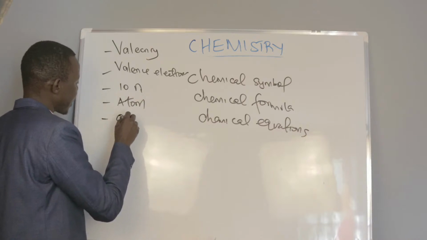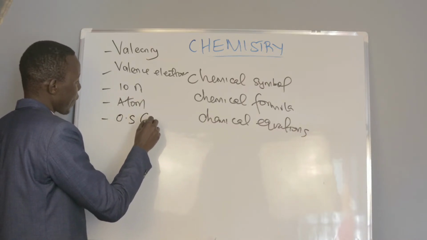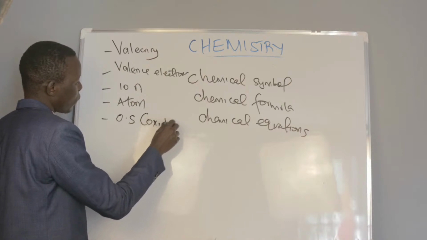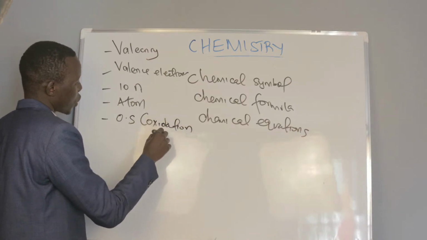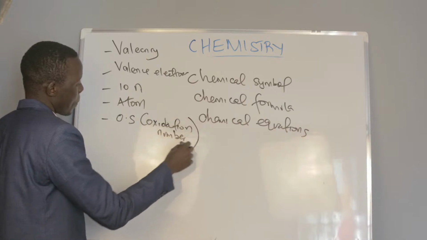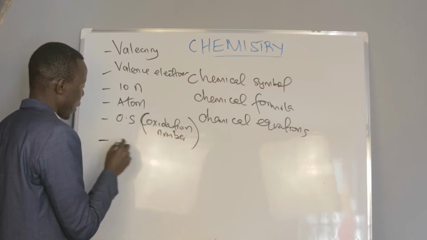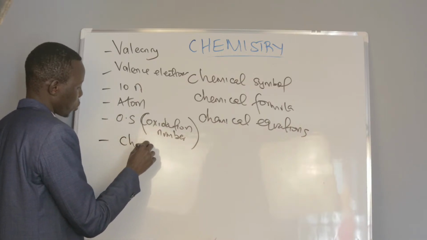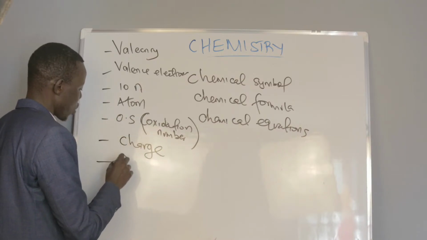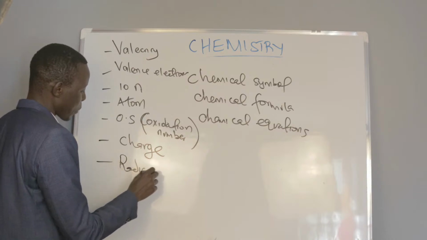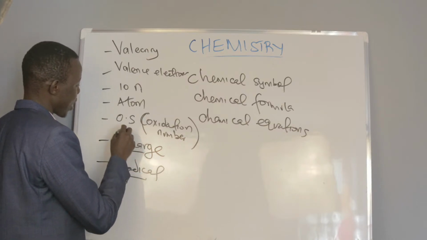Oxidation state, also called oxidation number. Just pick any and you define it. OS, oxidation state. It's also called oxidation number. Then charge. Oh, there is a last one, radical. There are very many terms, but for today, let's just work with this.